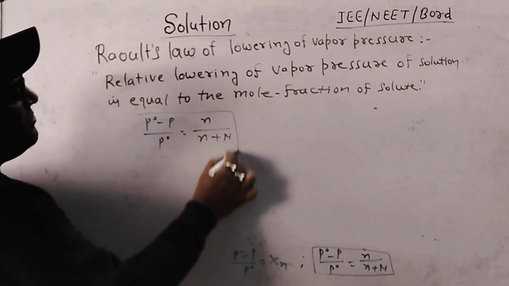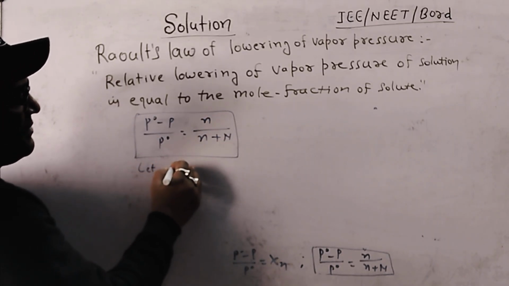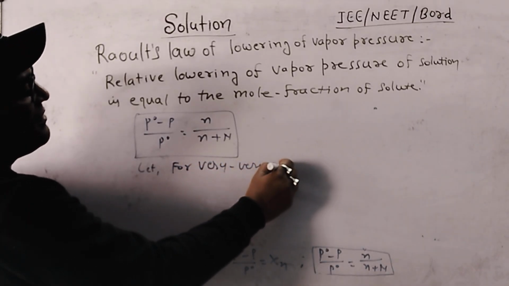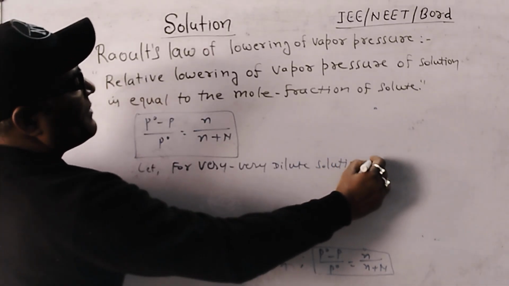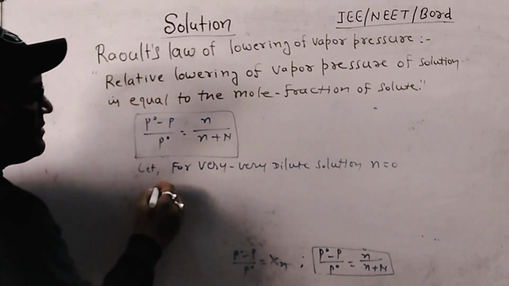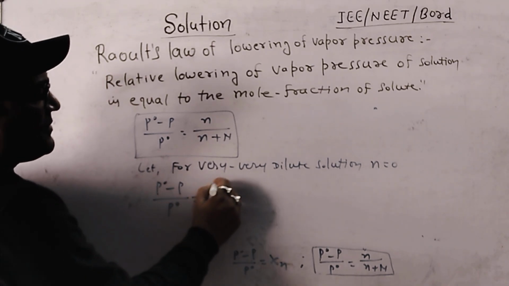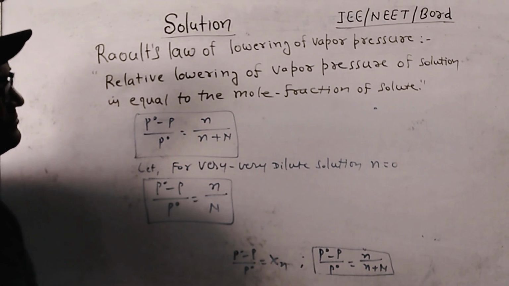So this is the Raoult's law equation. For a very dilute solution, n is negligible, then P naught minus P by P naught is equal to n by capital N. This is the formula of Raoult's law.